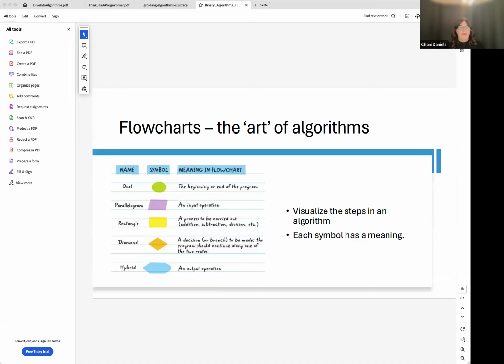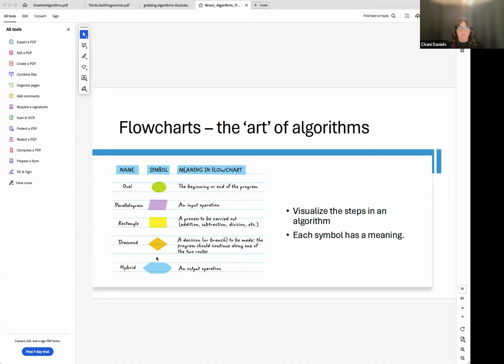Now, another way that it could be expressed, and this is a much more formal way, is you do something called flowcharts. And I like to think of flowcharts as being like the art of algorithms. Even though you're seeing that there are different symbols that you need to use, sometimes people think well in pictures, right?